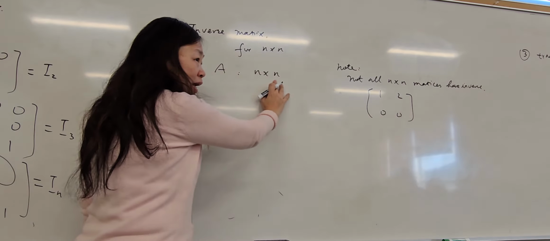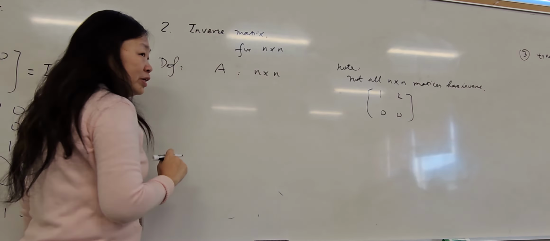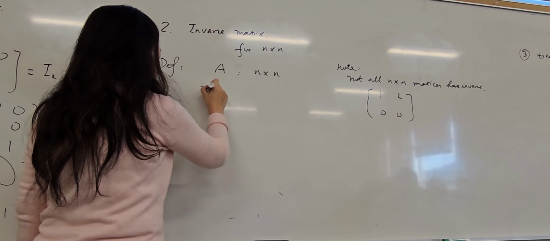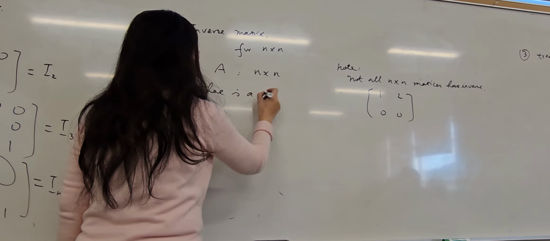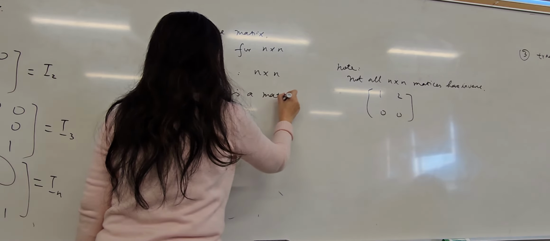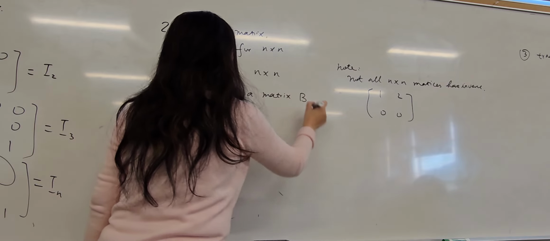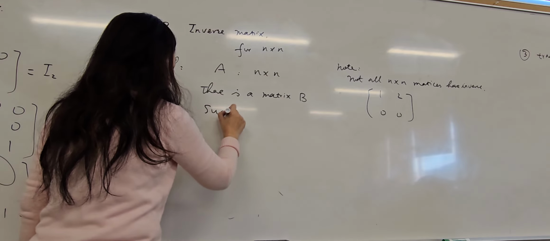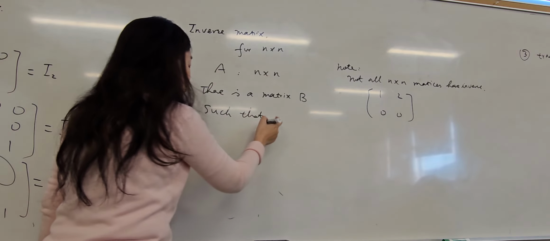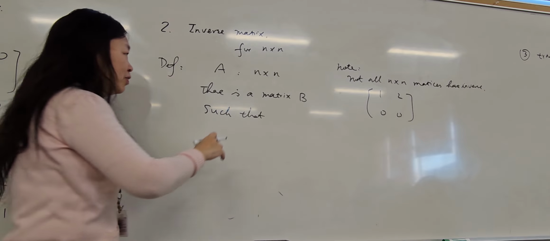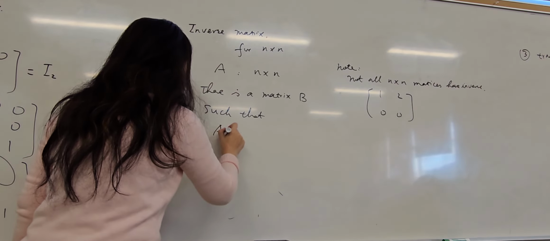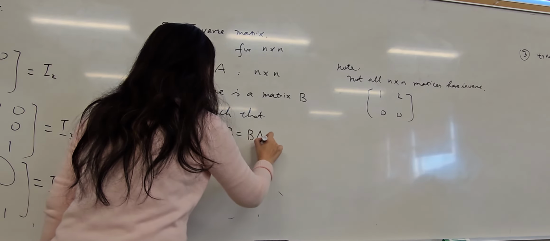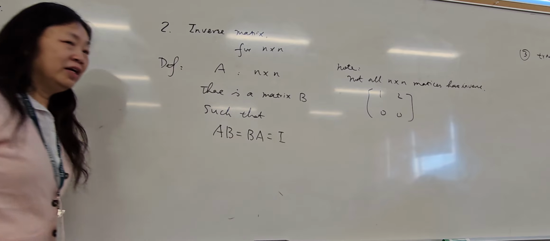So A is n by n first, okay? So here's how you judge for an inverse. If you have a matrix A, there is a matrix called B such that A times B is equal to B times A is equal to I, okay?